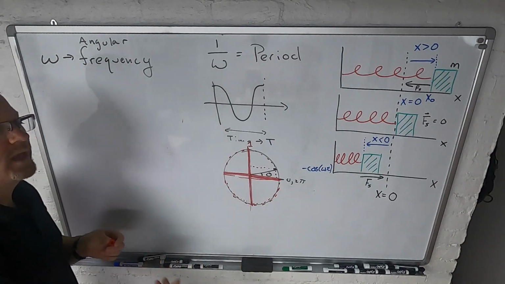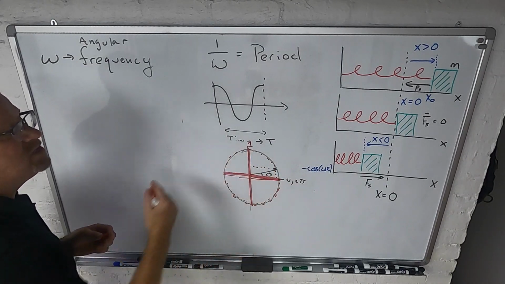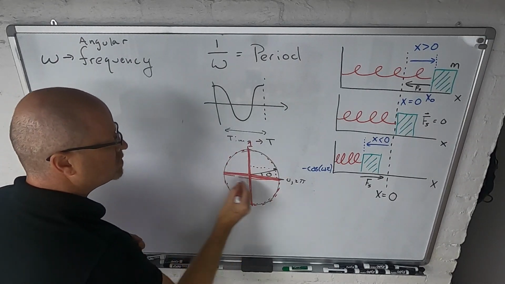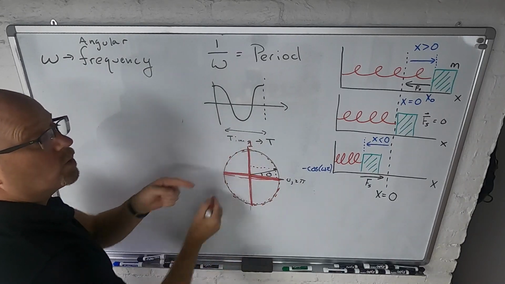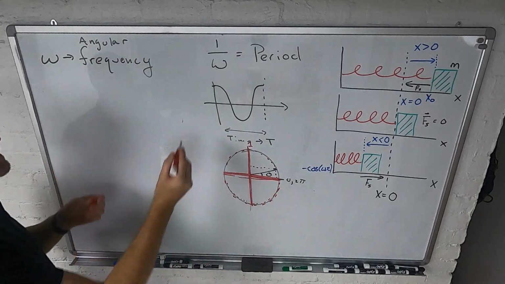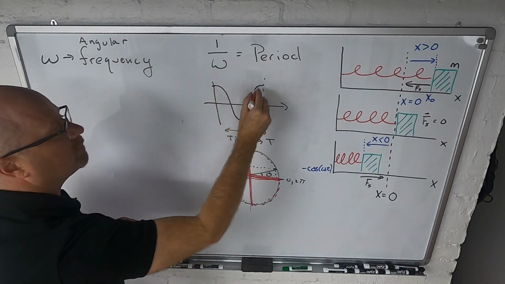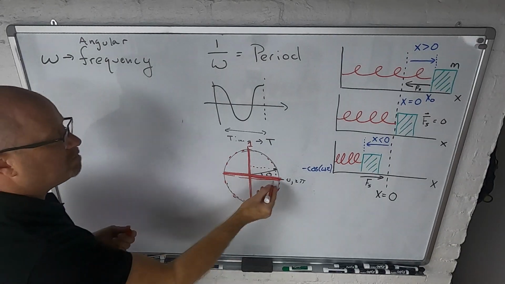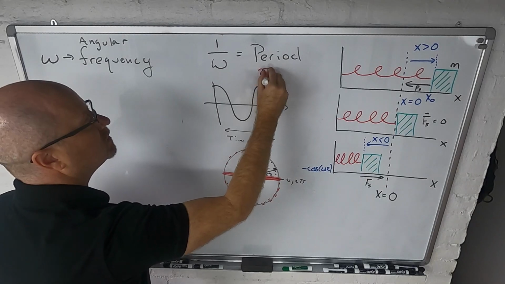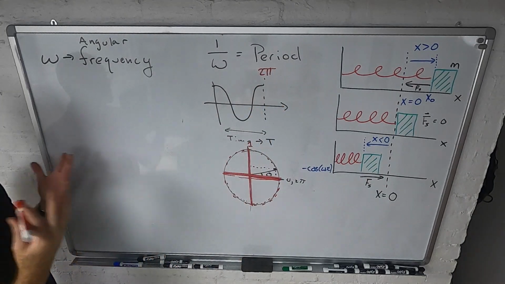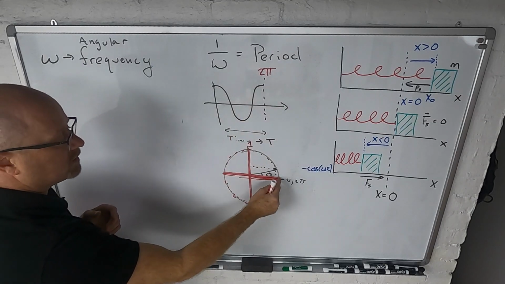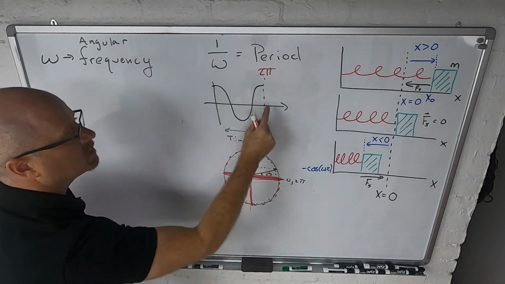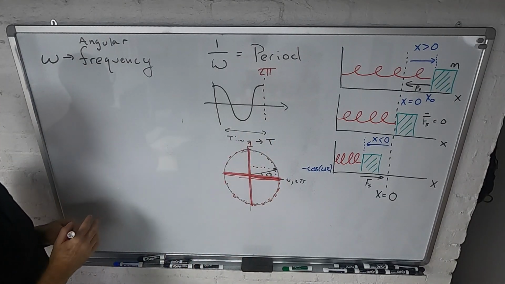And as my position around my circle changes as a function of time, let's say if I start a stopwatch and this goes around, the values of sines and cosines go up and down and back and forth, which is exactly what this is doing. And the period of that oscillation is 2 pi. That's how long it takes to go from here to here. That is, from here, I go around, I get over to here, that's this point, and I go back to here, that's this point. 0 to 2 pi.